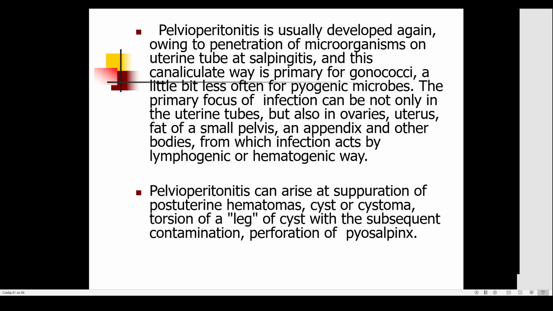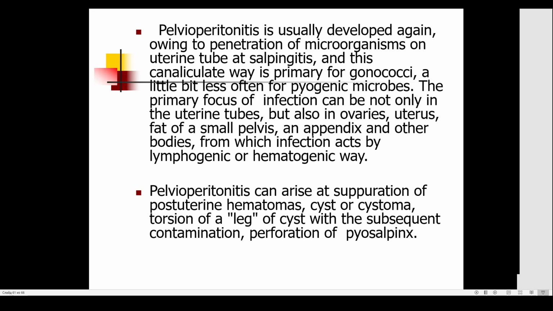The primary focus of infection can be not only in the uterine tubes, but also in ovaries, uterus, fat of small pelvis, an appendix, and other bodies from which infection acts by lymphogenic or hematogenic way.